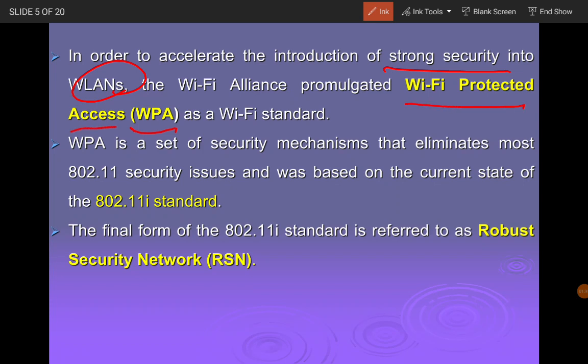What does WPA mean? It is a set of security mechanisms used to overcome the major drawbacks in the previous cases, and the final form of 802.11i. This standard is referred to as Robust Security Network.